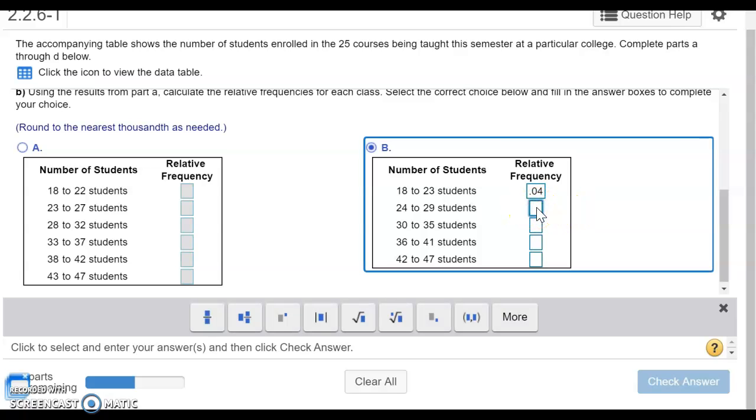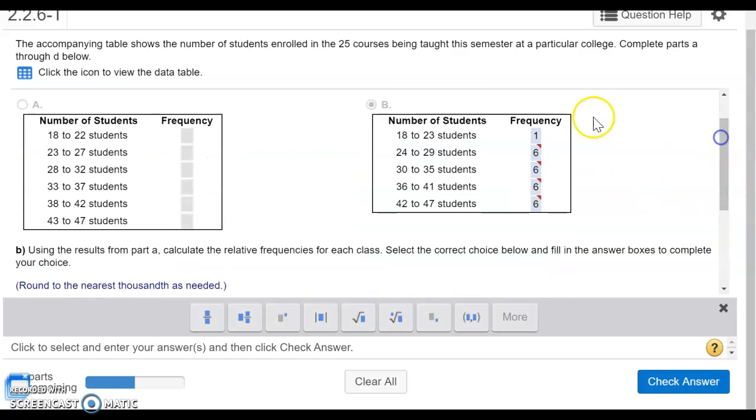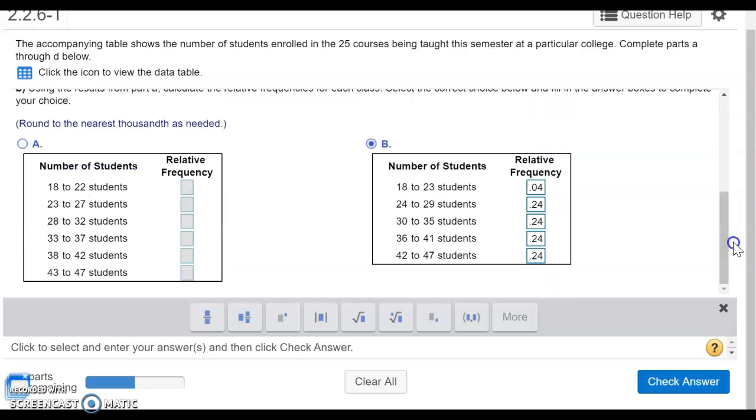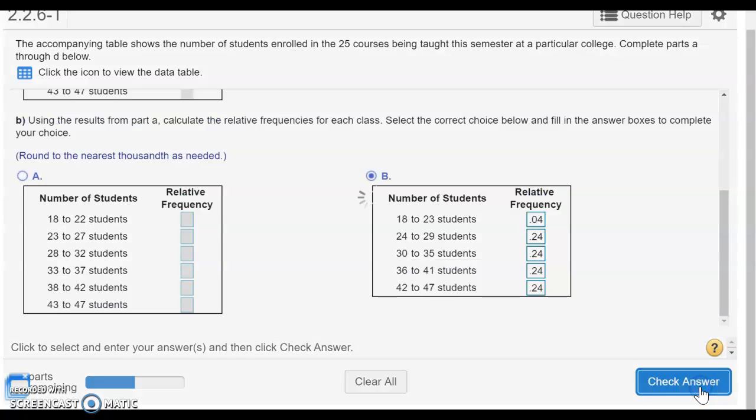And then all your other classes would be 6 out of 25, which would be 0.24 for each of these classes. You're just taking these numbers up here and dividing by your total of 25, and then you can check it and make sure they add up to 1.